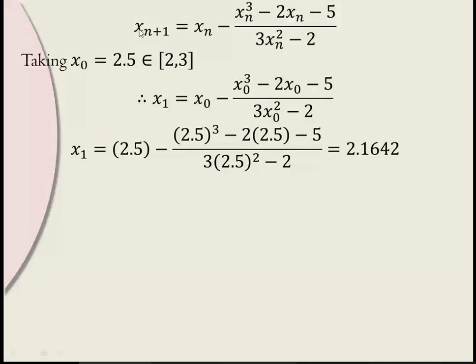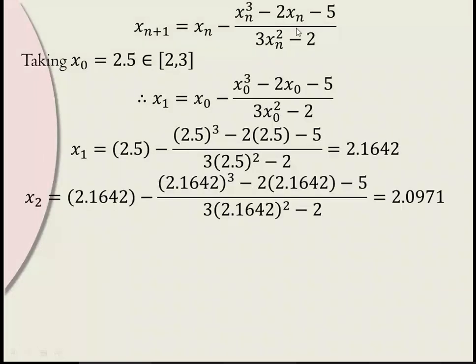Put n equal to 1, then you get x2 equal to x1 minus all this term. Put this value into this formula again. So you get a new iteration, x2 equal to 2.0971. Are these two matching? No, they are not matching.